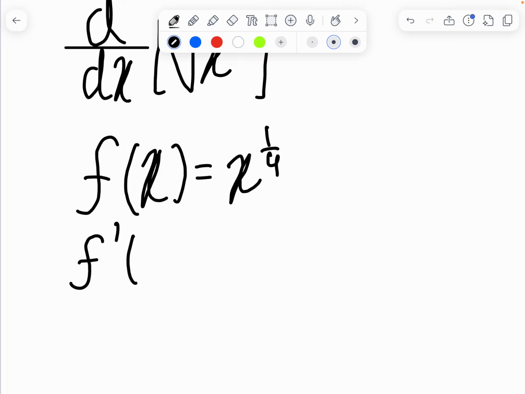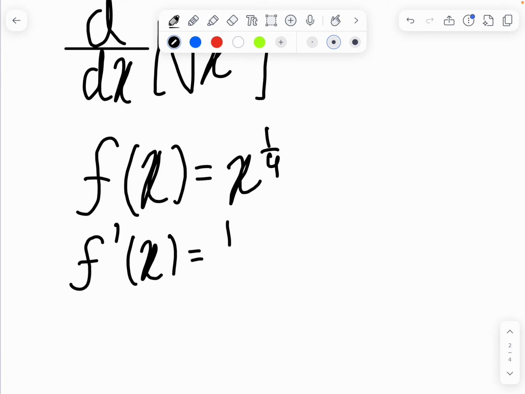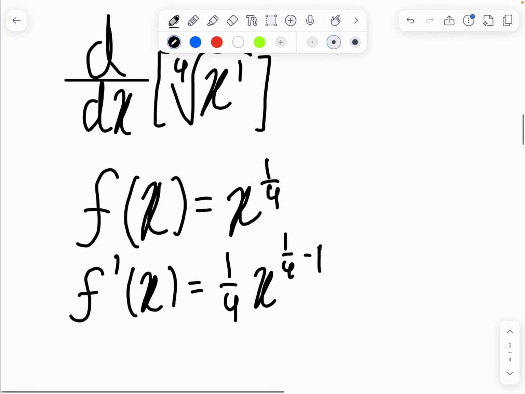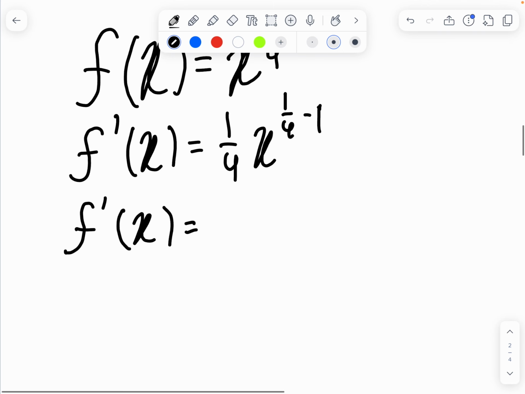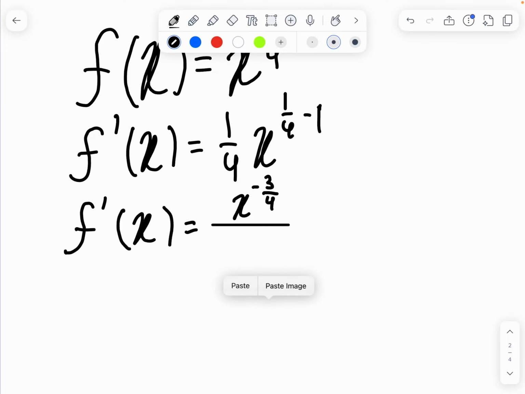So f prime... rare scenario where the top actually becomes negative 3 over 4, so the bottom is 4, right?